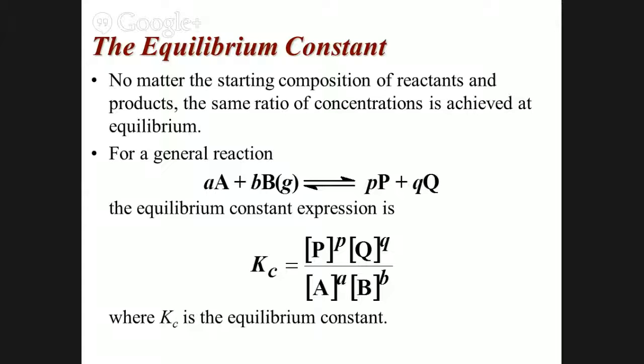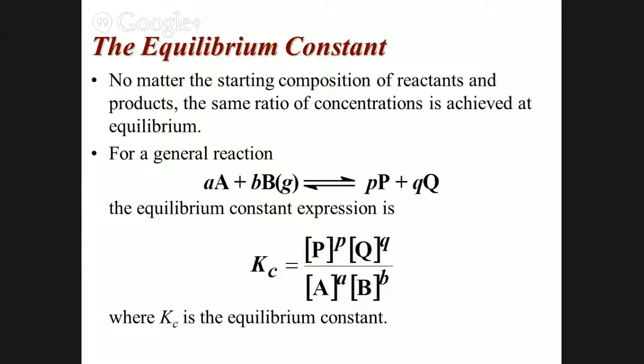So anytime you have an equation, you can find its equilibrium constant by looking at the concentrations of the products raised to their exponents divided by the concentrations of the reactants raised to their exponents. Now, there are a couple of things that make this a little bit easier. For one thing, water is just 1.